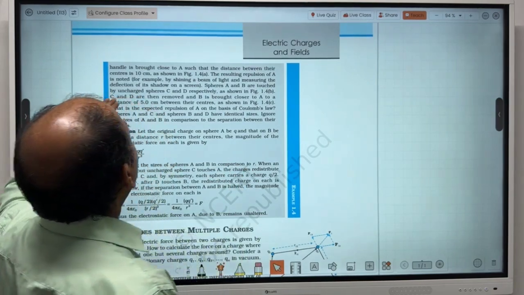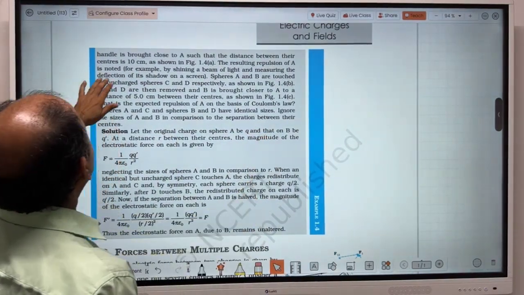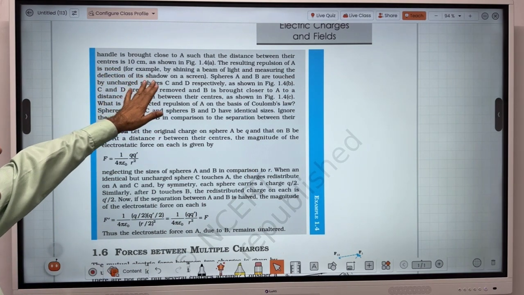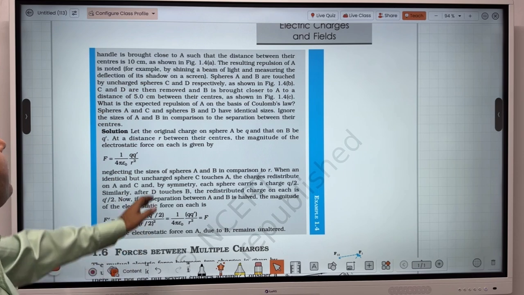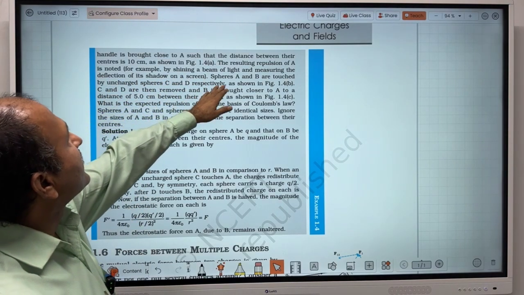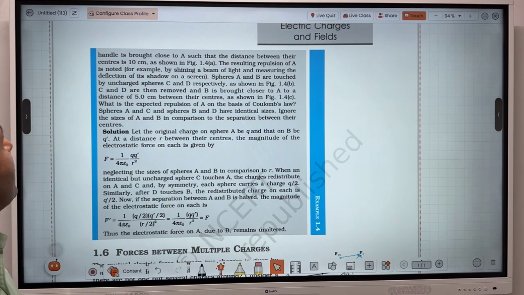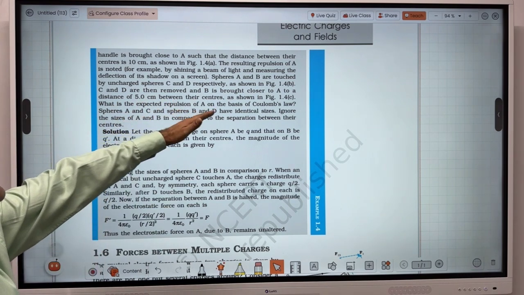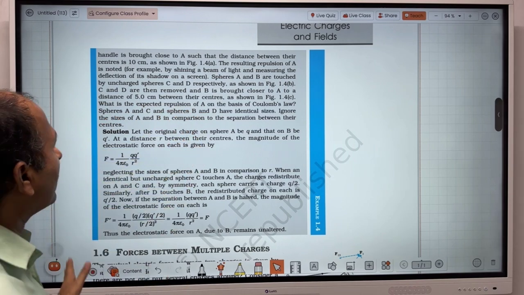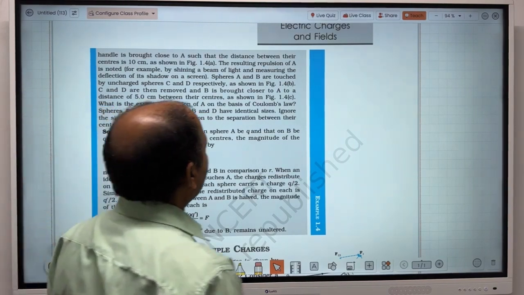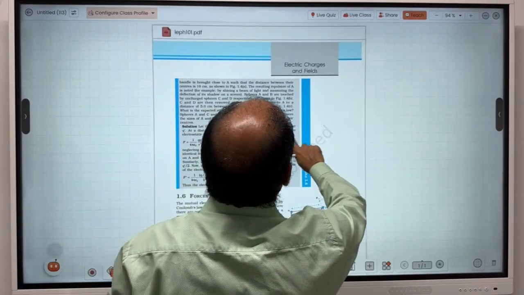The handle is brought close to A such that the distance between their centers is 10 centimeter as shown in the figure. The resulting repulsion of A is noted, and then spheres A and B are touched by uncharged spheres C and D respectively as shown in the figure. C and D are then removed and B is brought closer to A at a distance of 5 centimeter. So the situation, whatever they have discussed here, let's summarize it, then things will become clearer for you.